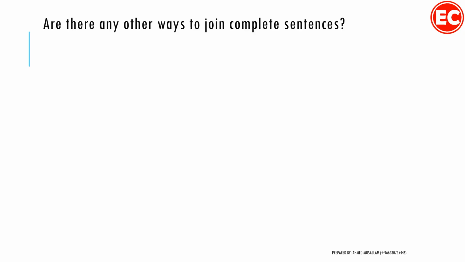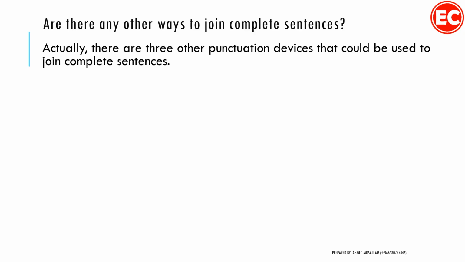Are there any other ways to join complete sentences? Sure, there are, but you have to take care. With the dash, you could have a complete sentence in the middle, with a subject before it and a verb after it, so you have a complete sentence inside the complete sentence.